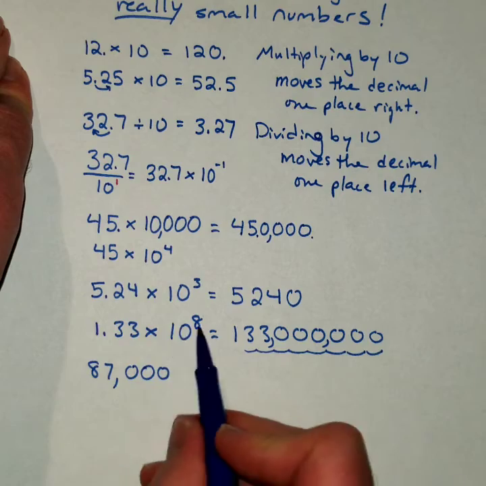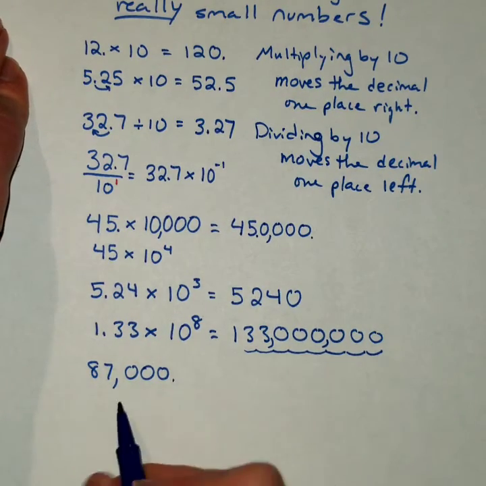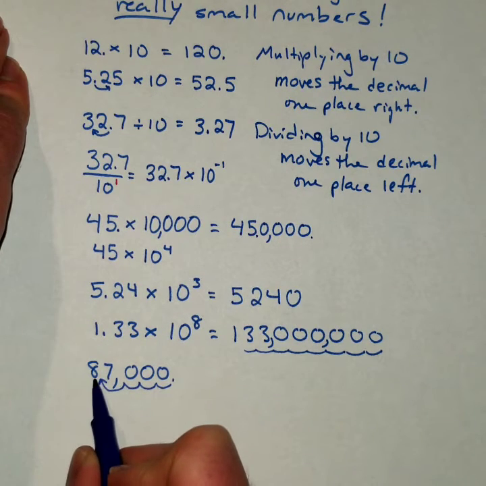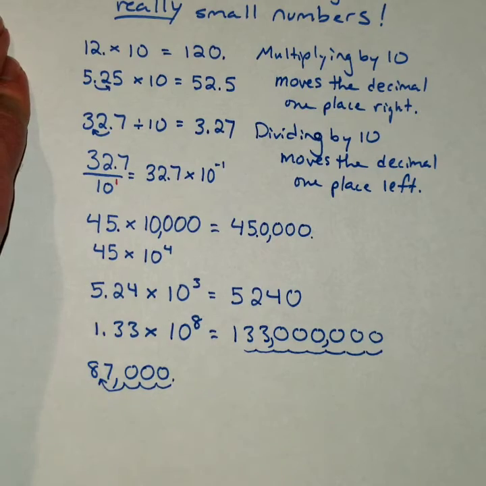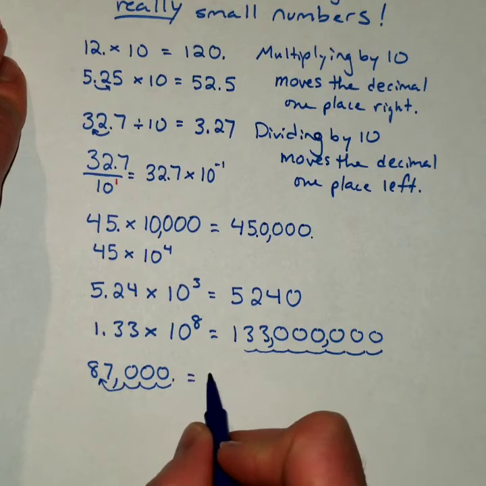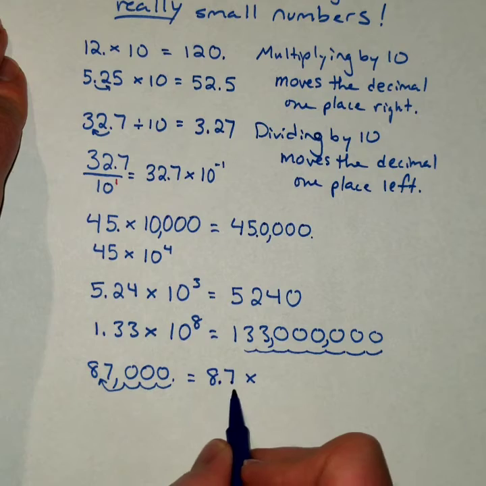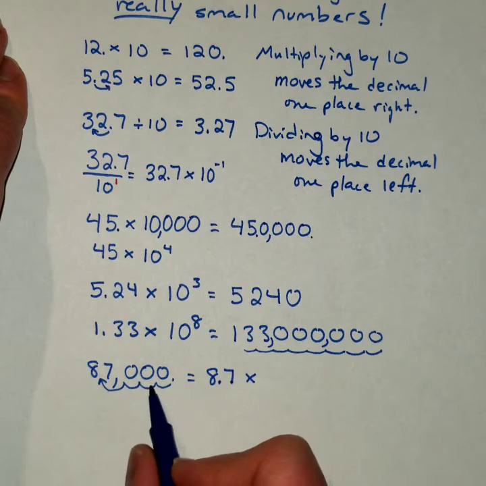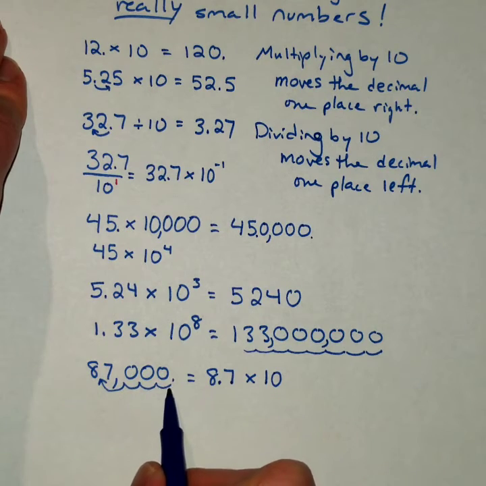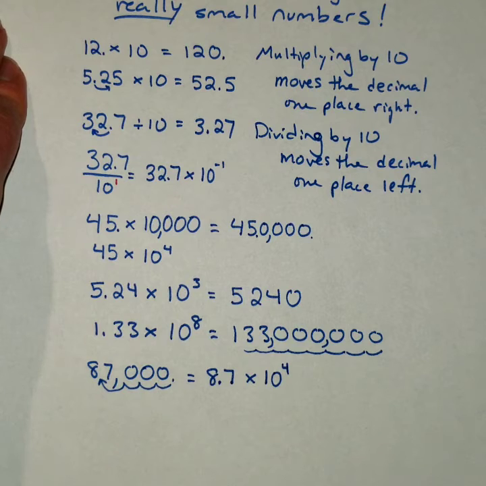If I wanted to convert that into scientific notation, I would start my decimal on the end of the number, move the decimal until there's a ones place, until the farthest left digit is a ones place, and that will give me 8.7 times, the zeros all can drop off because they're after the decimal, times 10 to a power. Now the power is the number of places it moved. 1, 2, 3, 4. 8.7 times 10 to the 4th.